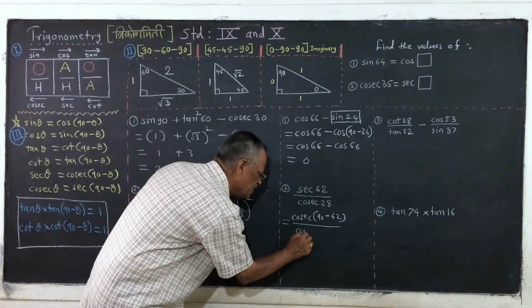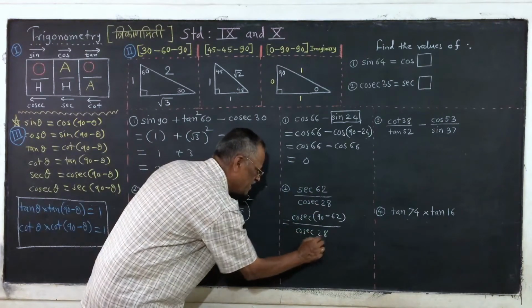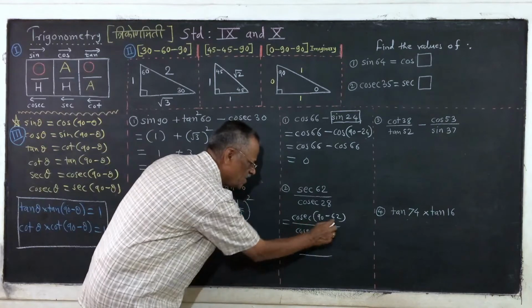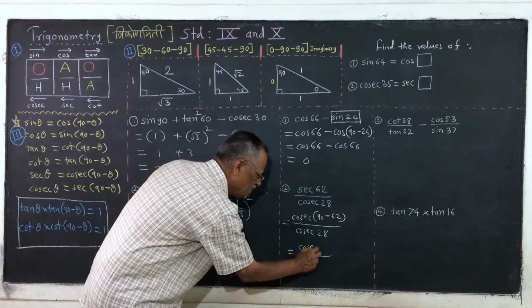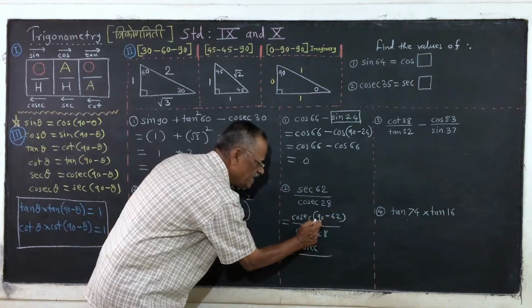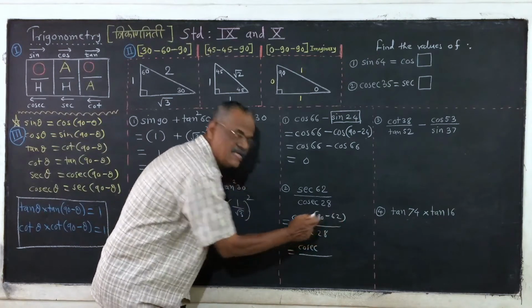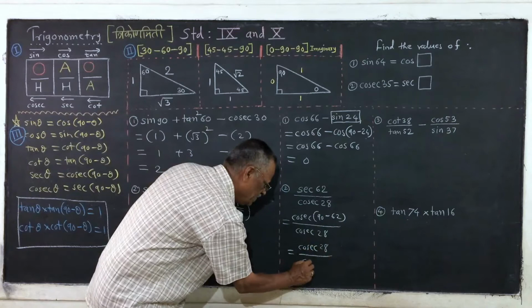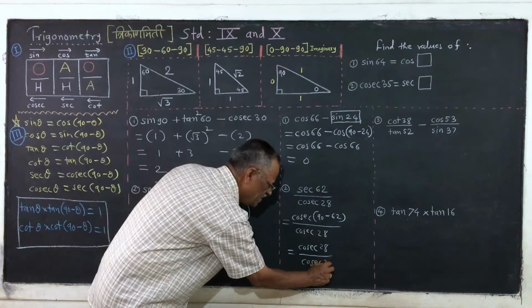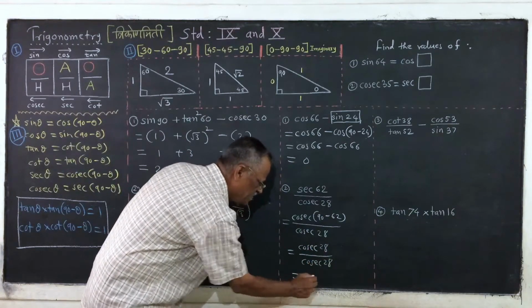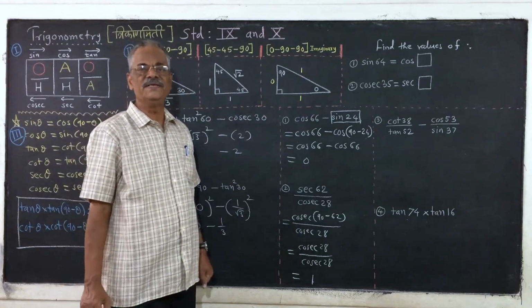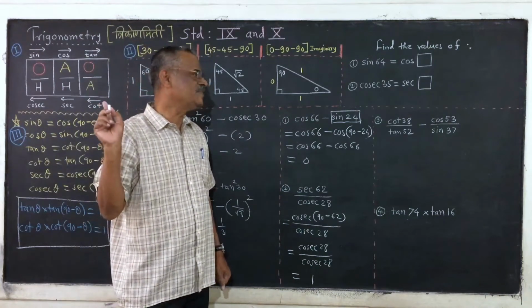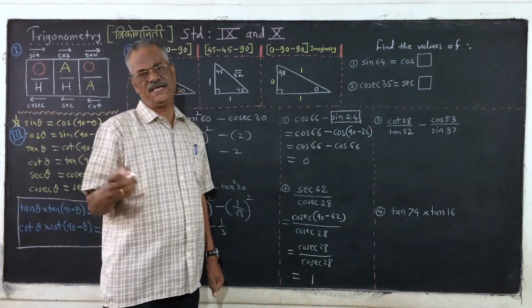Denominator keeping as it is, cosec 28. See that cosec of, by taking subtraction 90 minus 62, it is 28. So divided by cosec 28. So what is the division there? 1. So very interesting group, 90 minus theta.